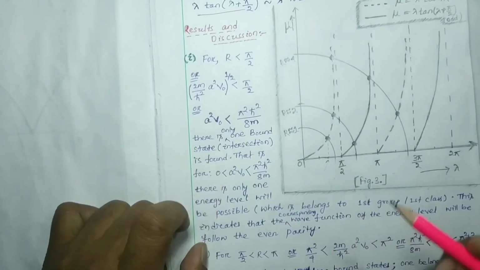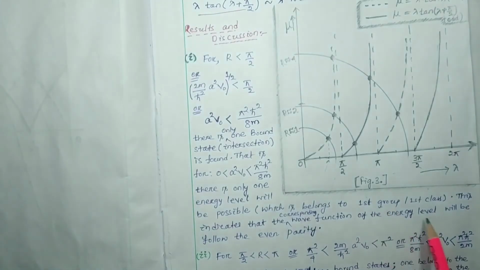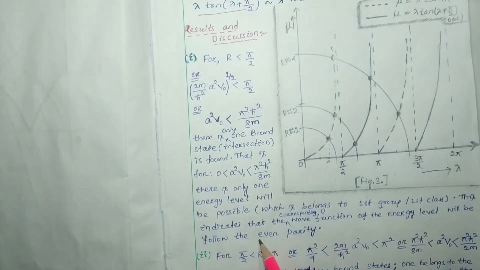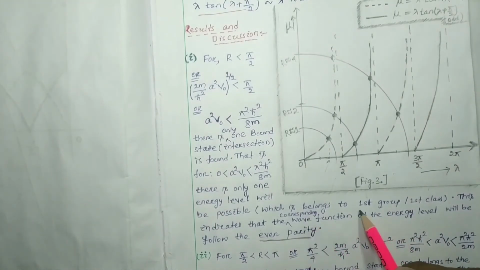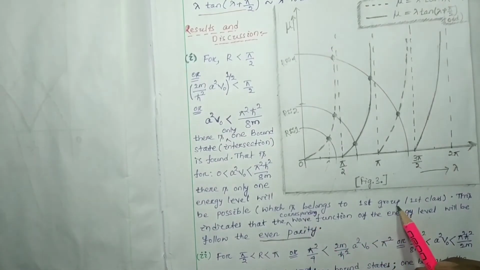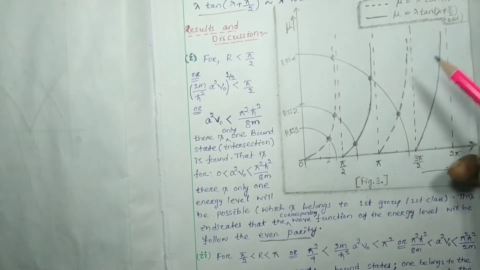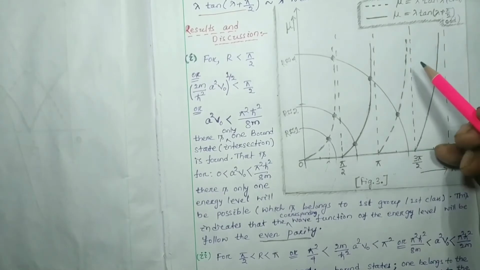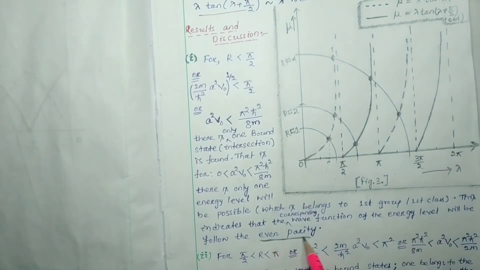The wave function belongs to the first group, and the energy level follows even parity. The first group, or first class solution, is nothing but the even class. So hence the energy level follows even parity.